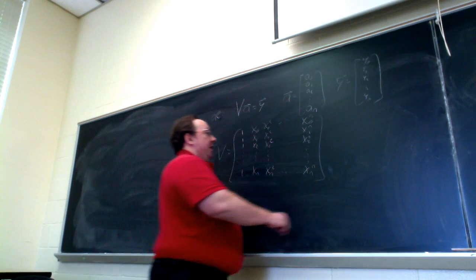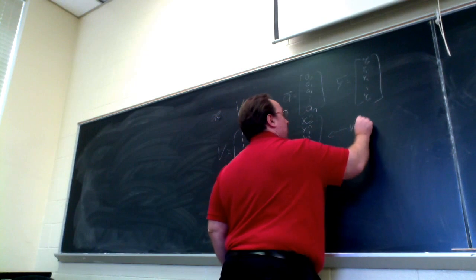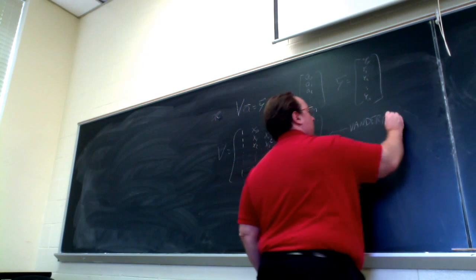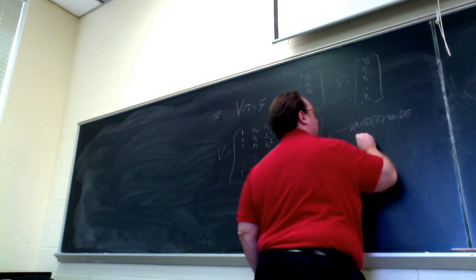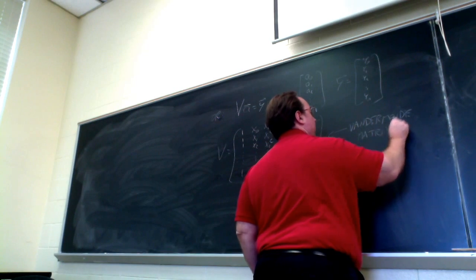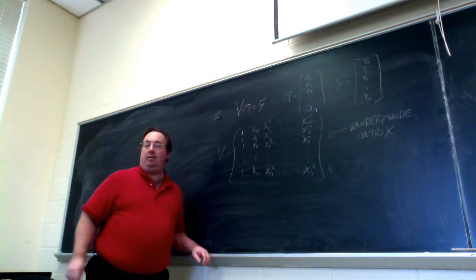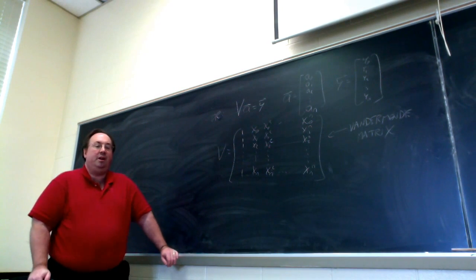This is called a Vandermonde matrix. And although it's quite tedious, it is possible to come up with a formula for the determinant of this matrix, which I don't remember off the top of my head, unfortunately.